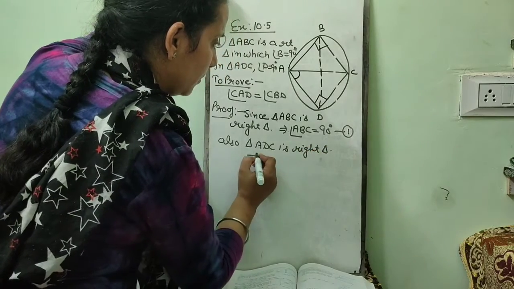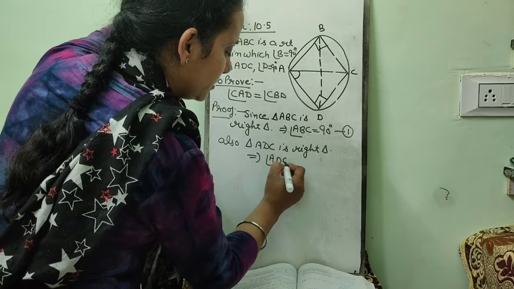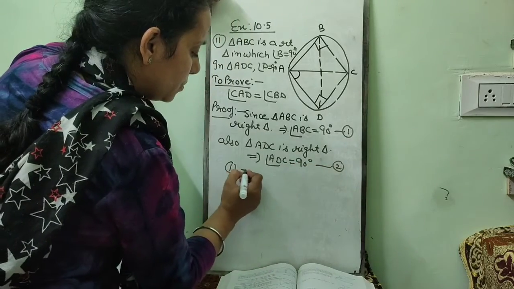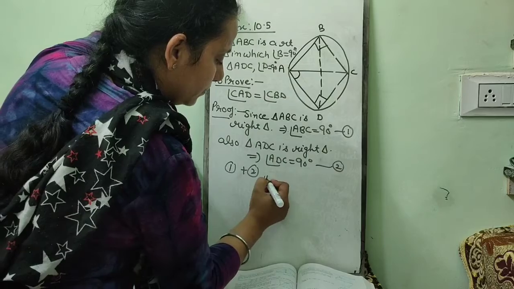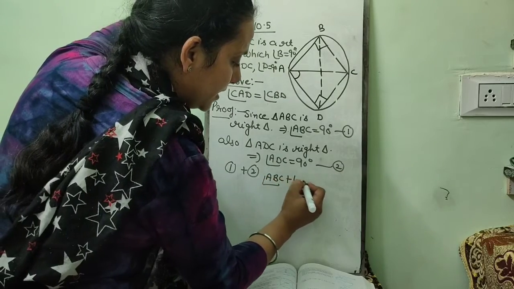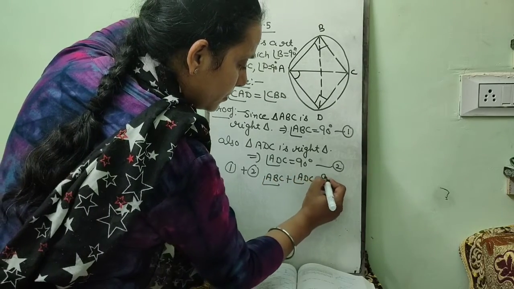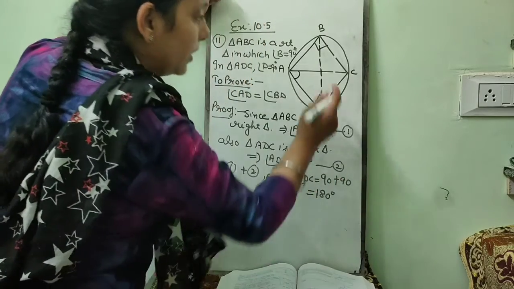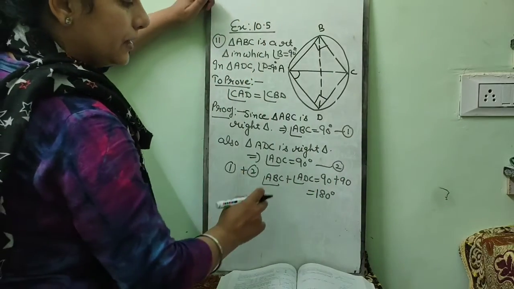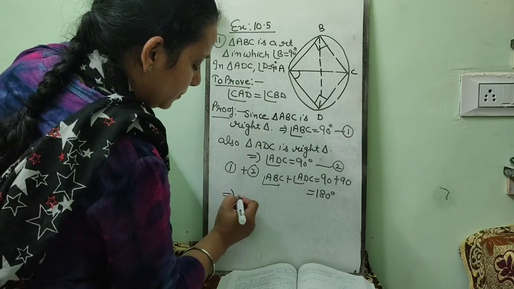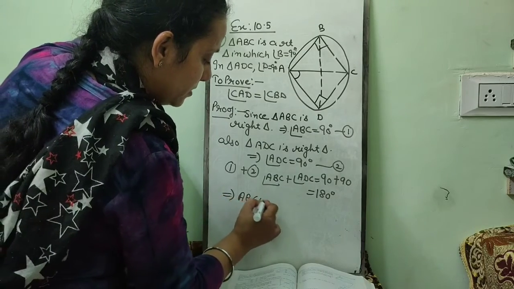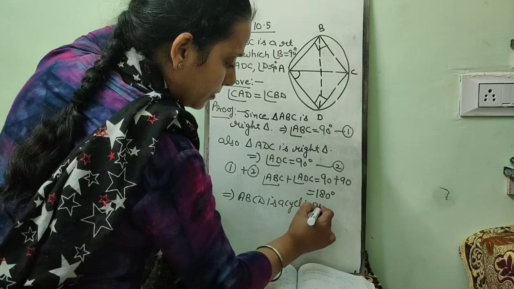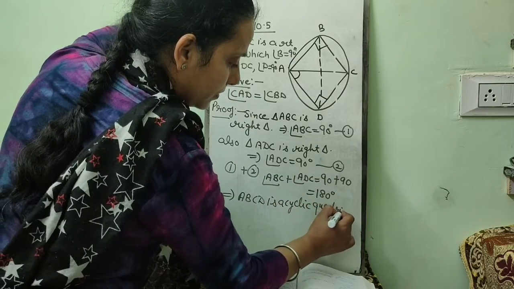It means angle ADC is also 90 degrees. 1 plus 2, ABC plus ADC, 90 plus 90, this is 180. If the sum of opposite angles is 180, it means ABCD is a cyclic quadrilateral. Clear?